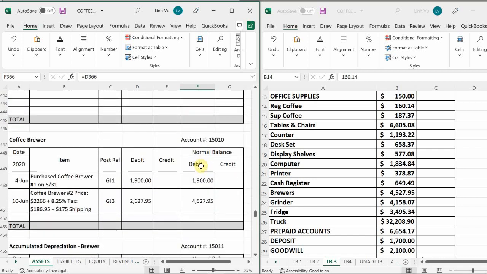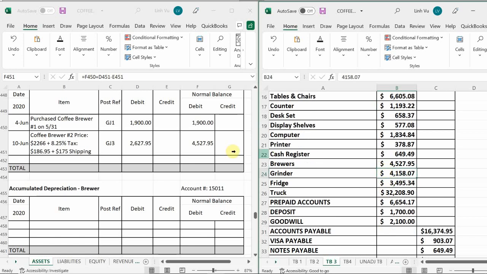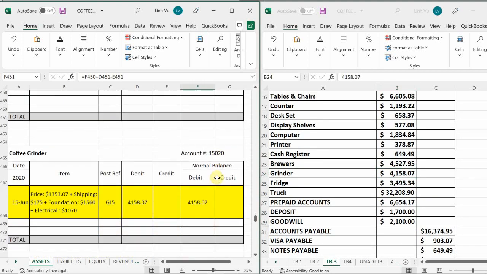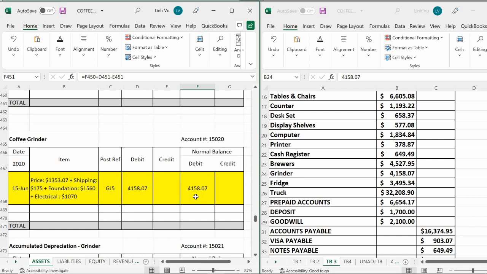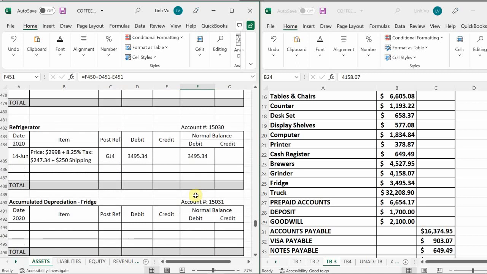Let's see what's next. My coffee brewers. Okay, is at $4,527.95. My coffee grinder is $4,158.07. Okay. My refrigerator is $3,495.34.